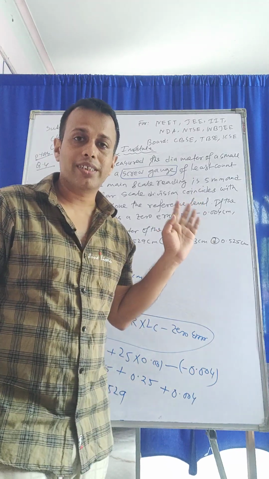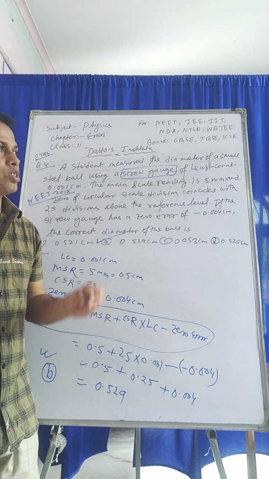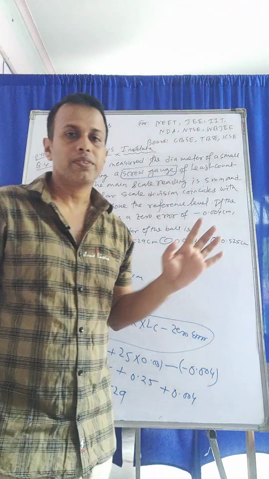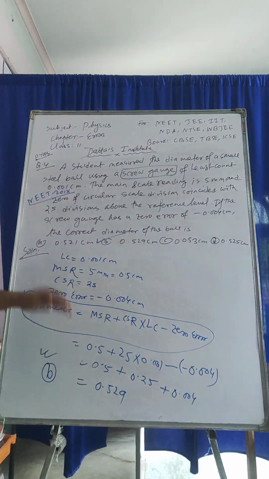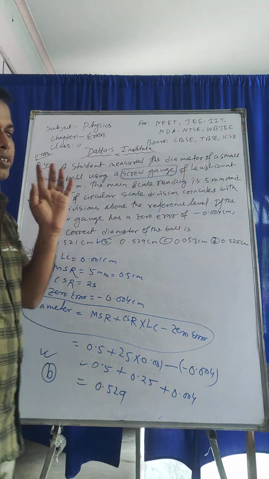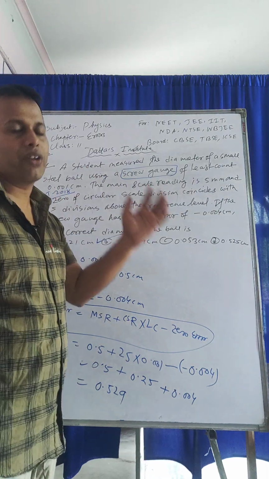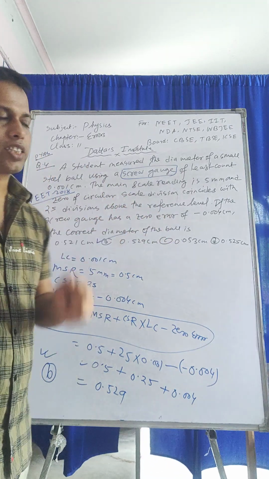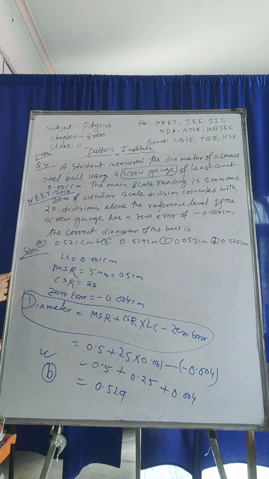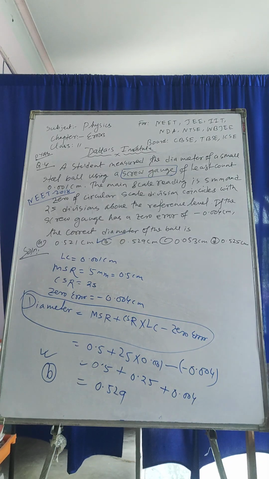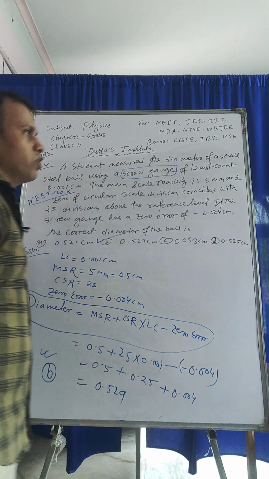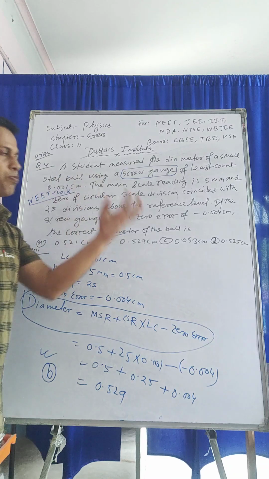I also did 4 previous year questions from NEET and JEE, and this one was our last question of this lecture. I hope this lecture will help you in the preparation of the respective exams.